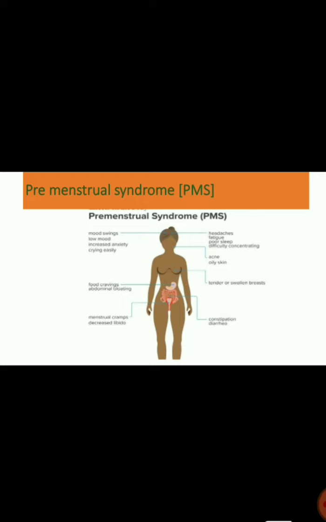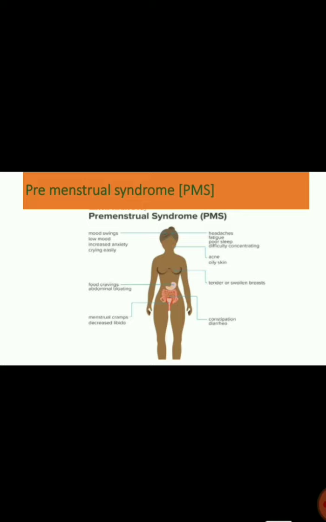The symptoms are abdominal bloating, breast tenderness, weight gain, irritability, depression, mood swing, increased appetite, fatigue, tiredness, confusion, headache, anxiety, tension. These symptoms should not be related to any organic lesion. And these are the criteria.